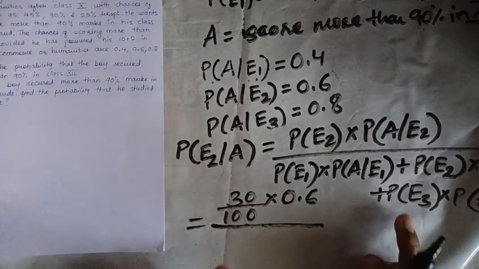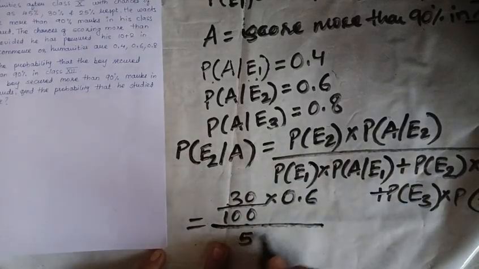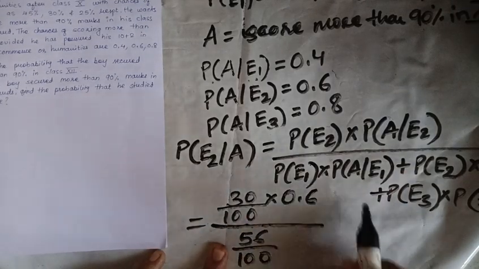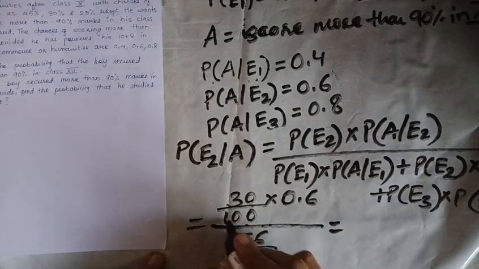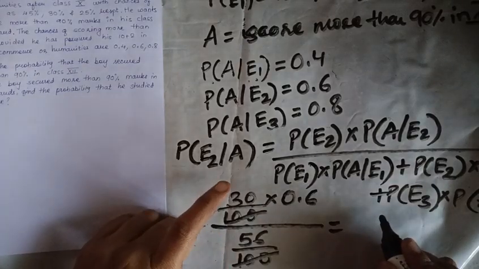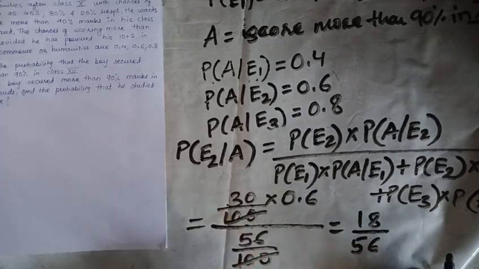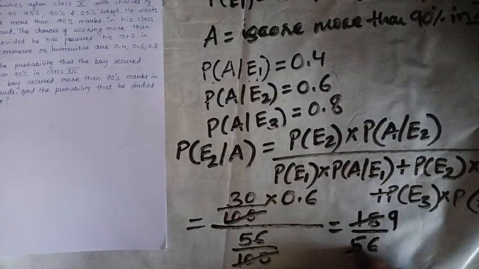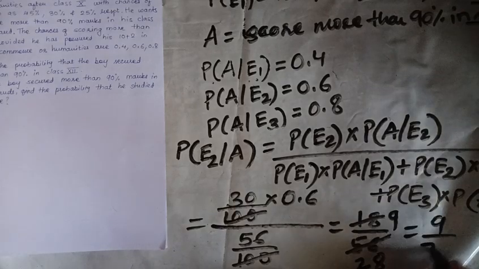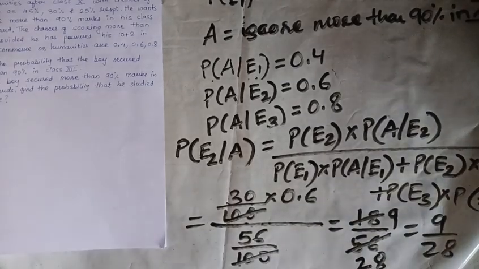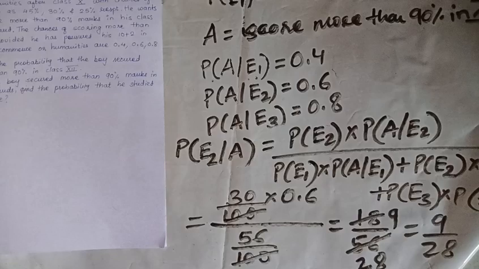And in the denominator we got 56 by 100. Right. So 100 we can cancel. 30 into 0.6 was 18. So 18 by 56. Okay. So 9 by 28.